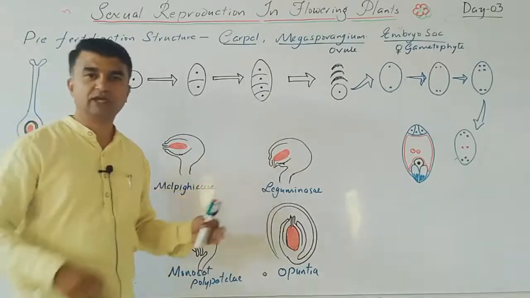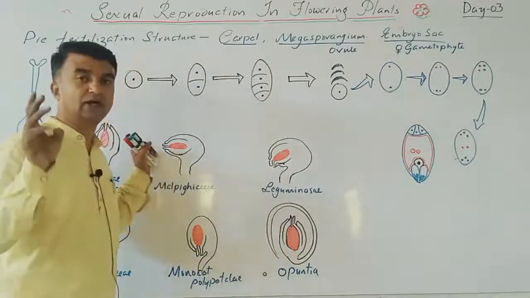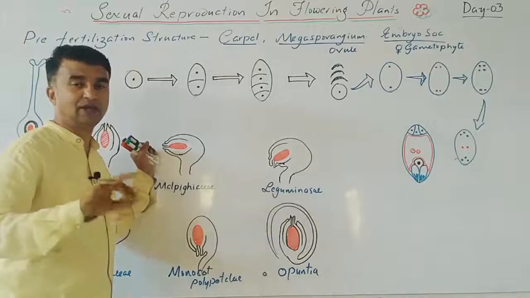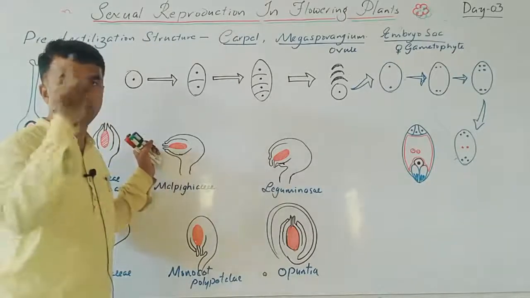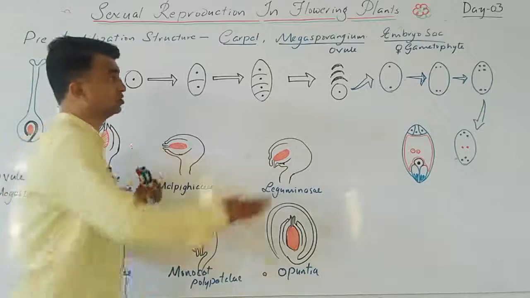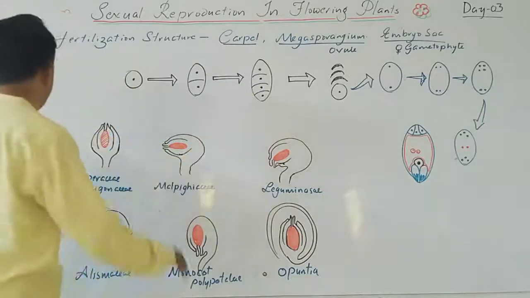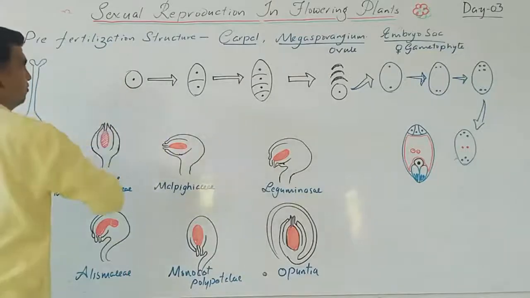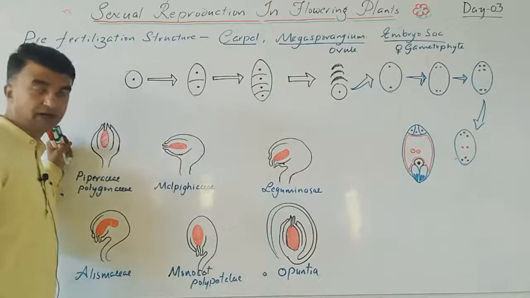Yes, the same as what you have seen in the male reproductive part. The same three cells: archesporial cell, primary parietal cell and primary sporogenous cell. The primary parietal cell produces the outer layers, and the sporogenous tissue produces the inner gametophyte. Clear? Now, the main part: how the ovule or the embryo sac develops.